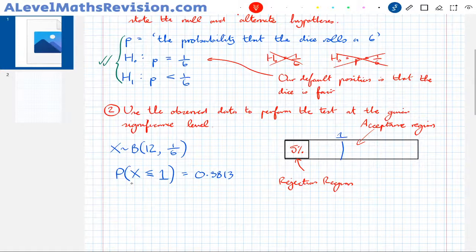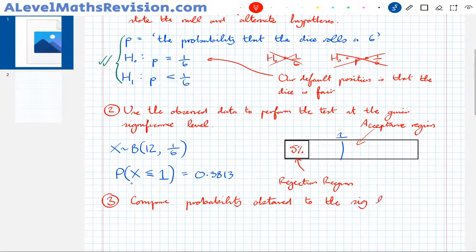So step 3. Compare the probability obtained to the significance level.